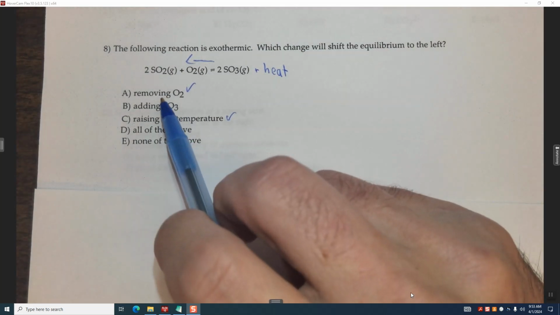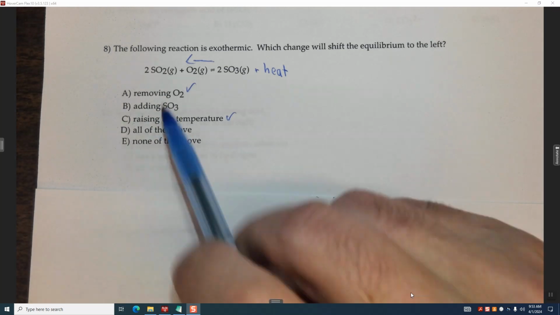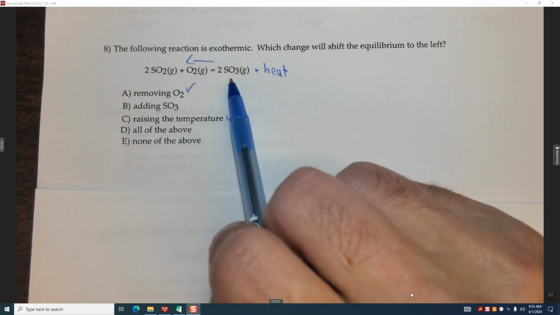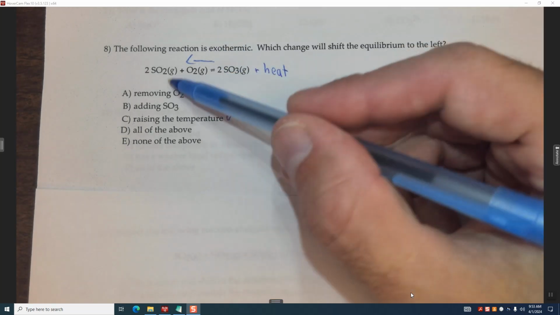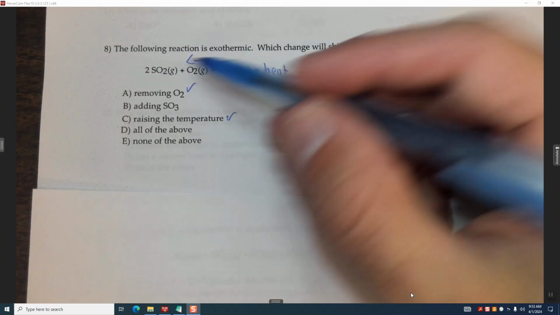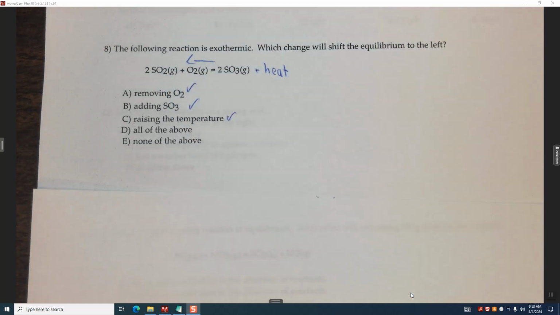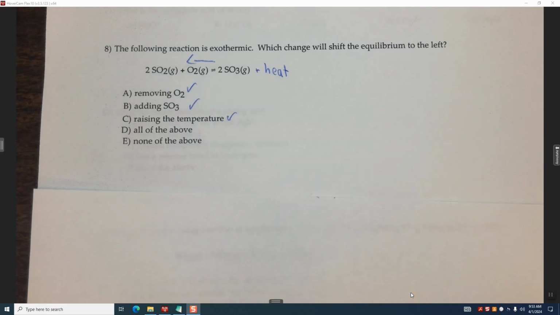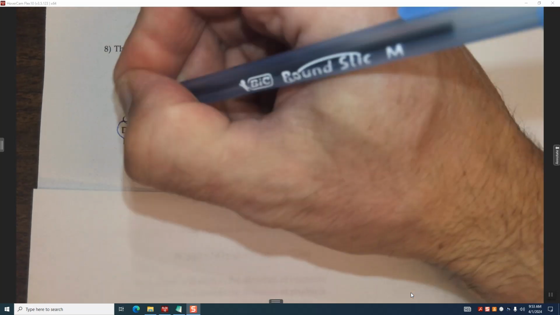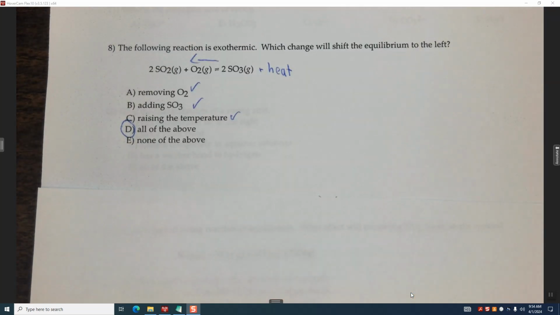What about adding SO3? Well, if we add SO3, the reaction says, hey, there's too much SO3. How do I get rid of SO3? Well, I turn it into SO2 and O2, or said another way, I shift the reaction to the left. So all of these answers will shift the reaction to the left. So the answer here is D, all of the above.